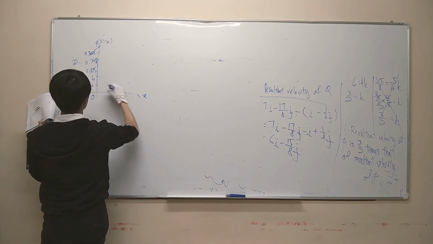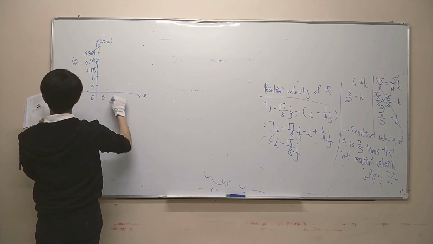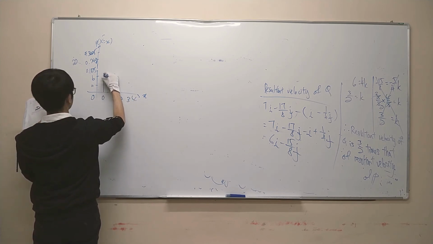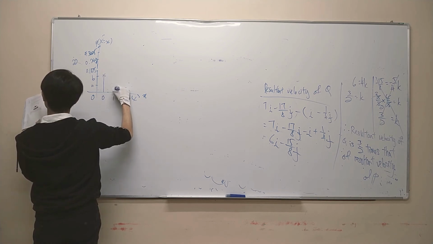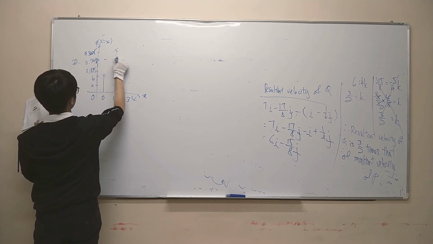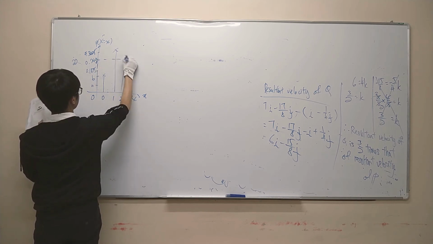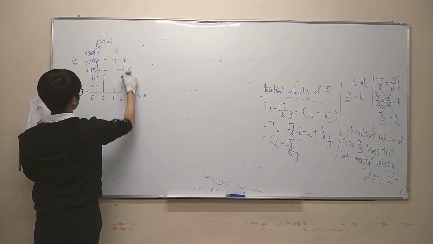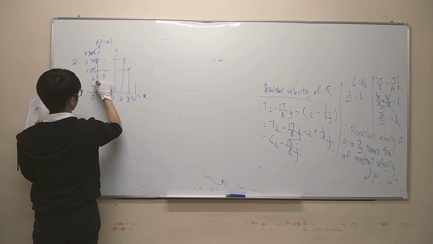Then x is 0, 1, 2, 3, 4. Tarik to B. Okay? Then tarik to paling atas. So tarik to here. Then tarik until here. Then A only.